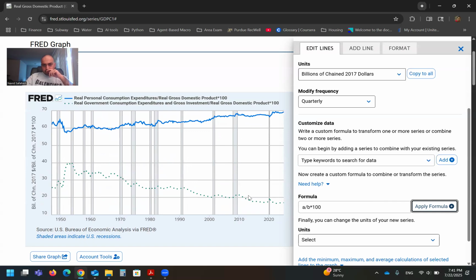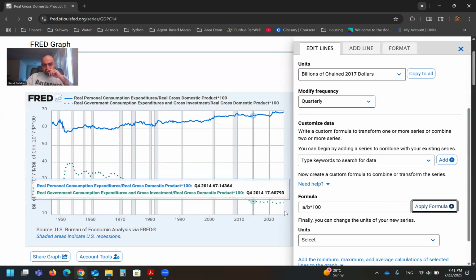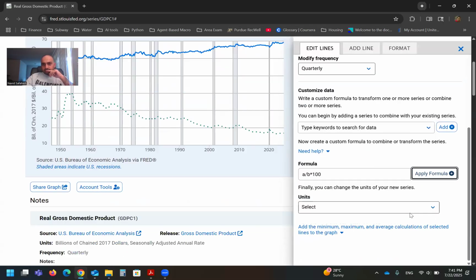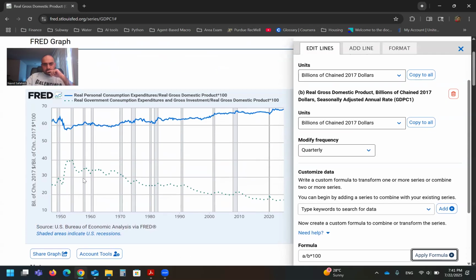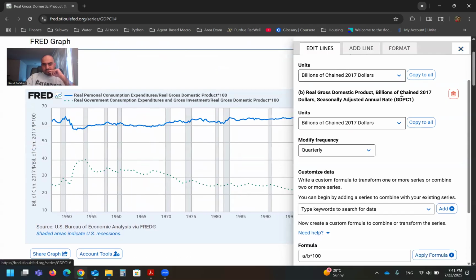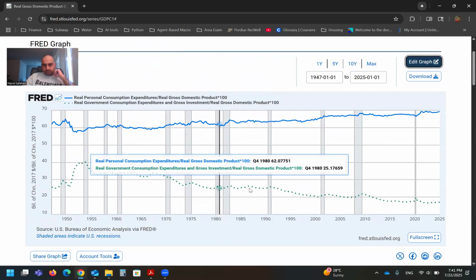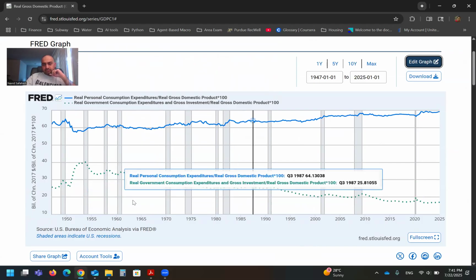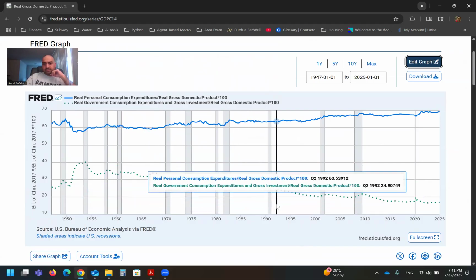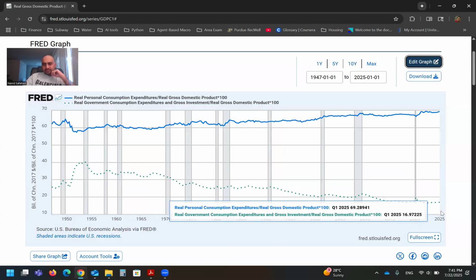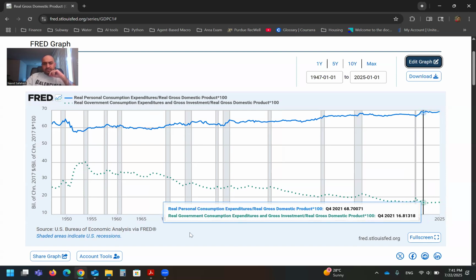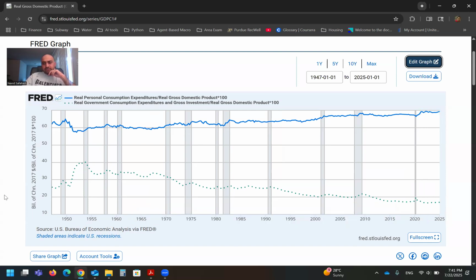And this dotted line is the government share. You can see that this variable also has its own fluctuations, and now it is around 17%. Around 17% of the GDP is due to government expenditures.